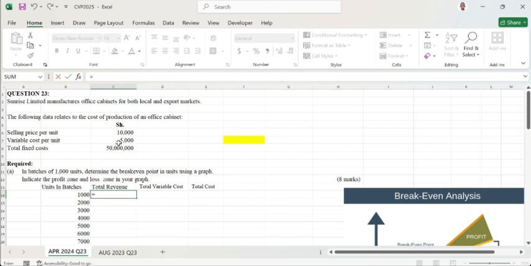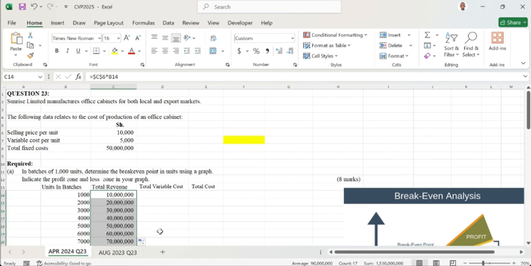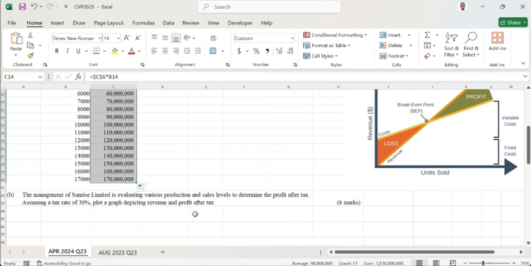Yes, so the selling price is 10,000, because this one will remain constant. I multiply with the number of badges in units. Is that what you have said, Geraldine? Yes, nice, correct. Now, from there, I just drag downwards like that.